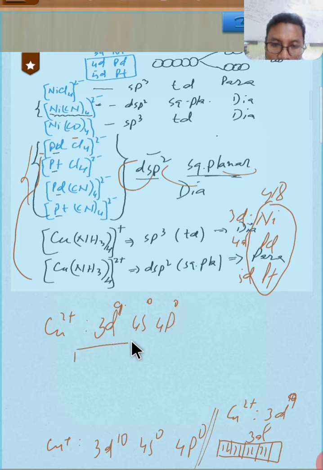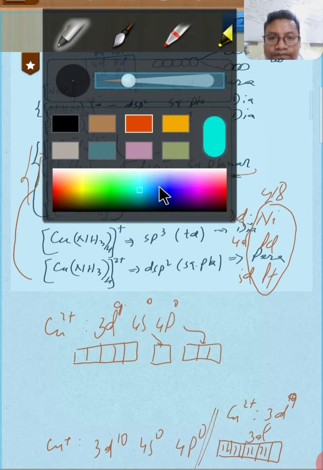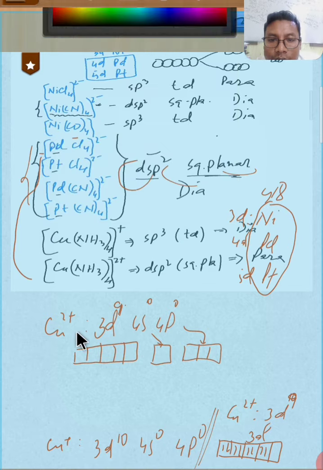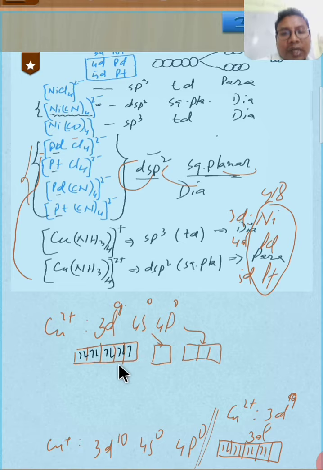Now this is 3d in case of Cu2+, this is 4s, and this is our 4p. So 9 electrons are there. Let me change the color. Right, so 9 electrons, 1 2 3 4 5 6 7 8 9. So there is one unpaired electron.